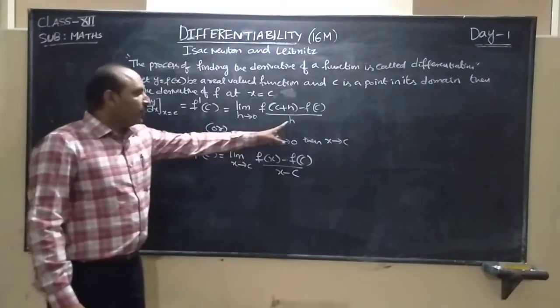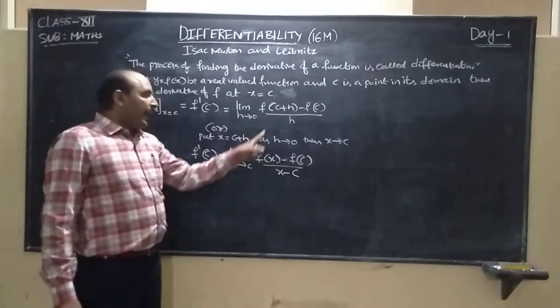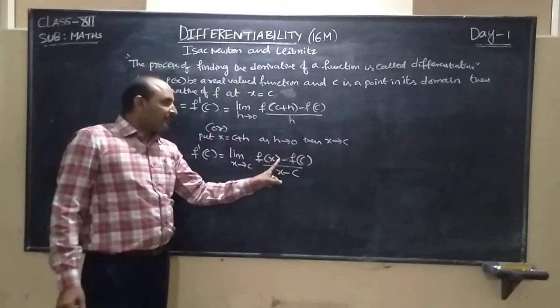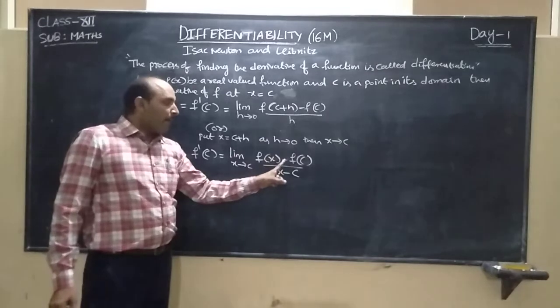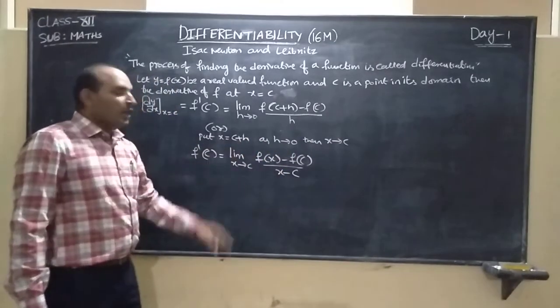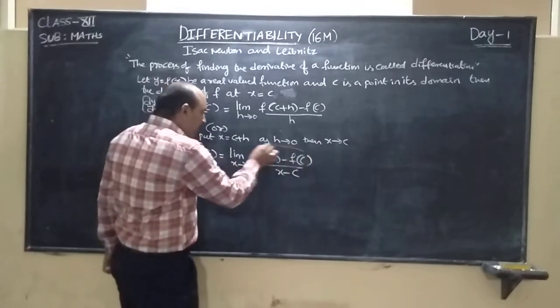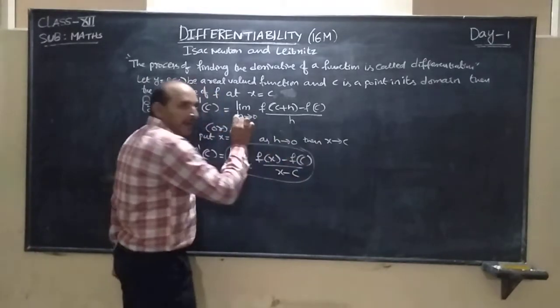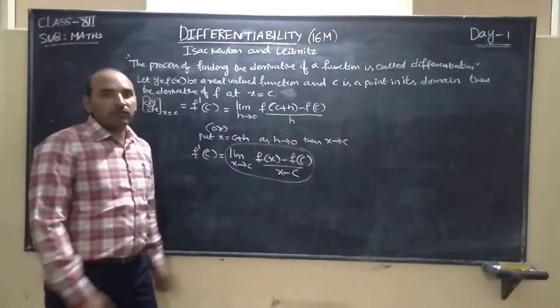What is the h value? H is nothing but x minus c, and x is nothing but c plus h. This value must be finite and the limit must exist.